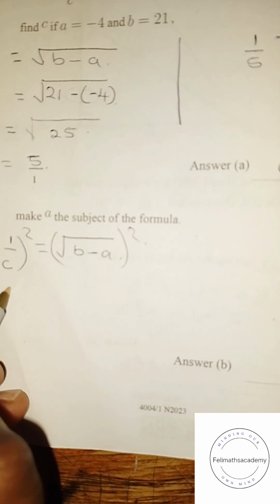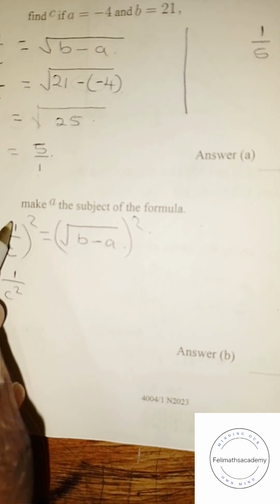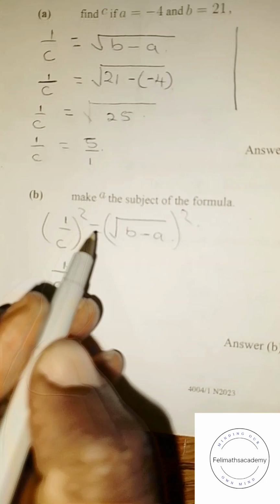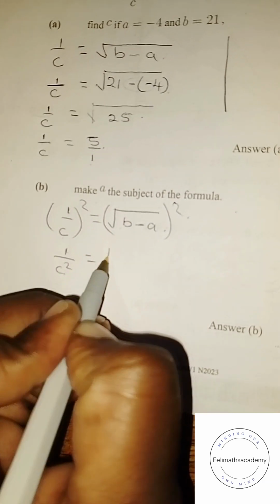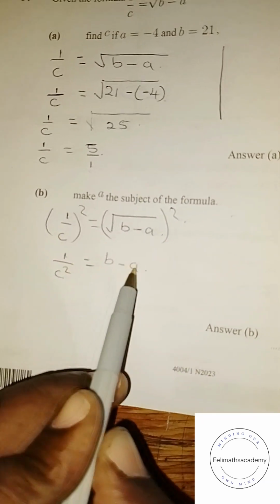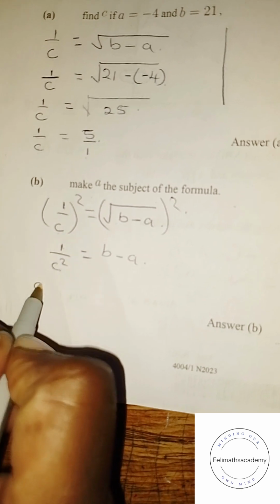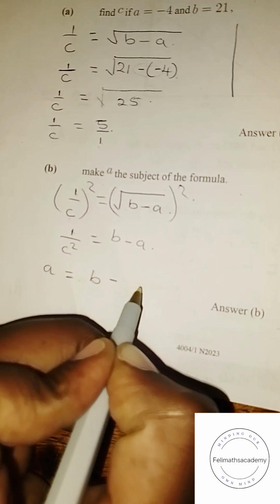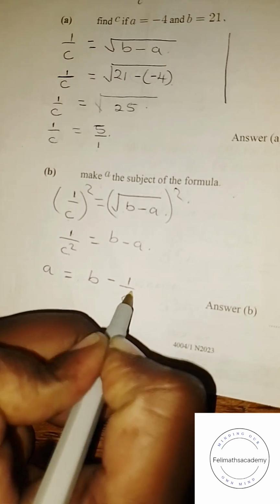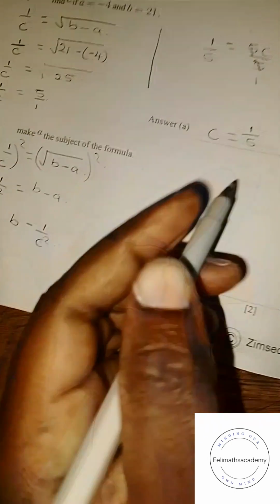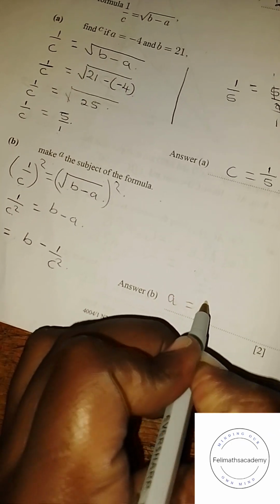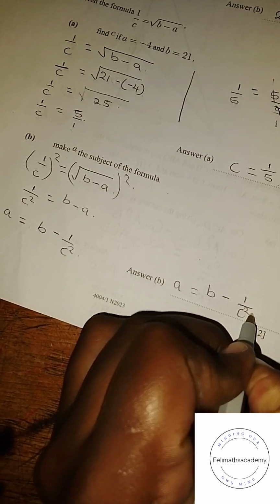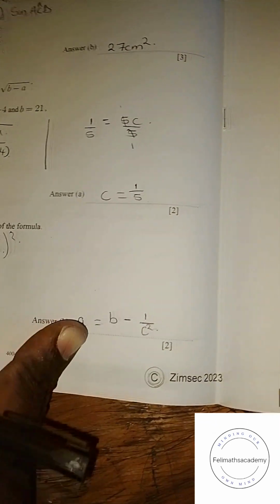So we now have 1 over C squared; 1 squared is 1, C squared is C squared, is equal to B minus A. Then A comes this side and becomes positive, and this comes this side: B minus 1 over C squared. So A is equal to B minus 1 over C squared. Right.